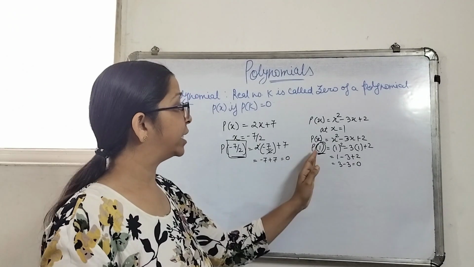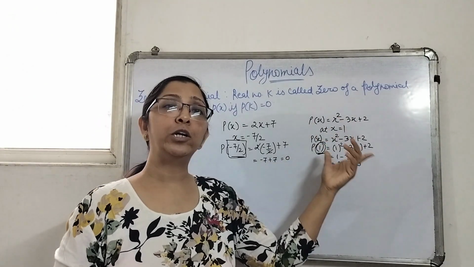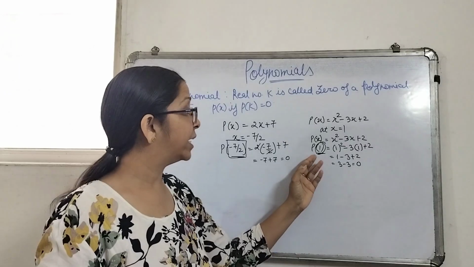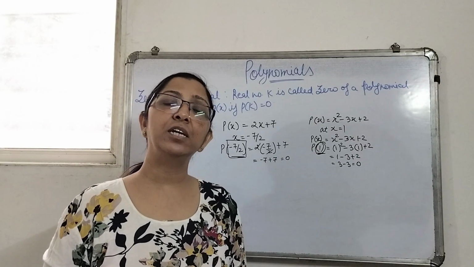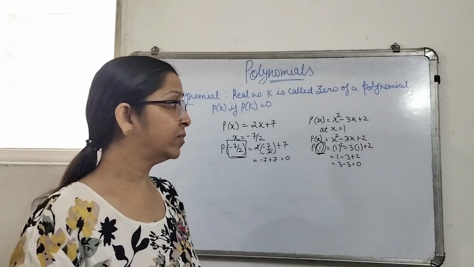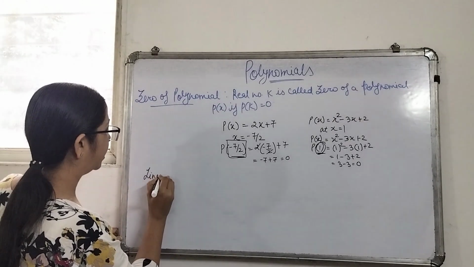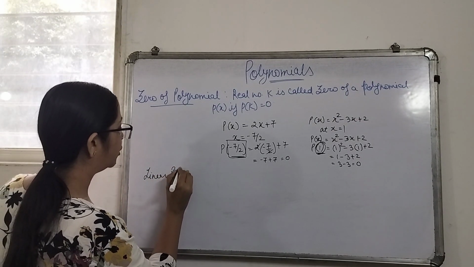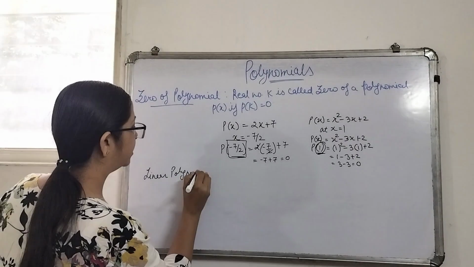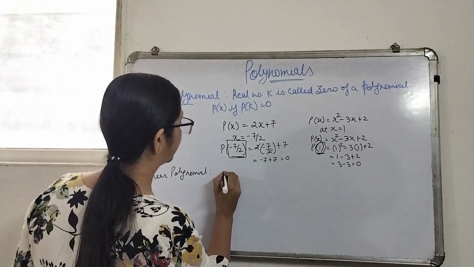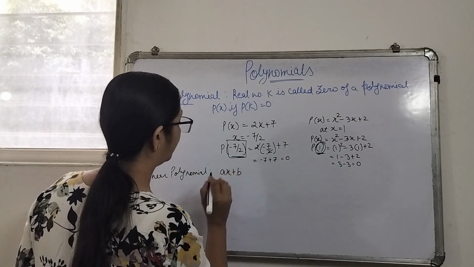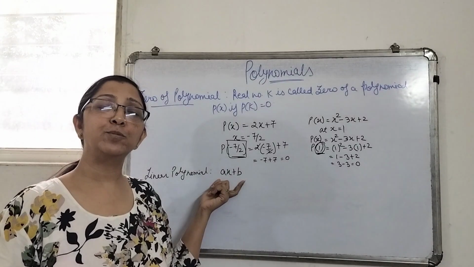So the value of k for which the value of the polynomial becomes 0, that k is known as a zero of the polynomial. Now let's understand this for linear polynomials. The general form of a linear polynomial is ax plus b.